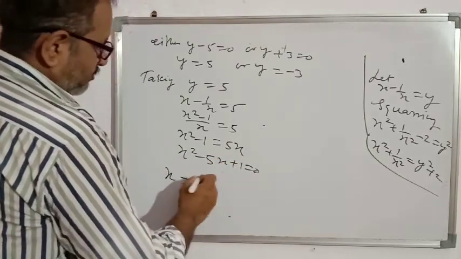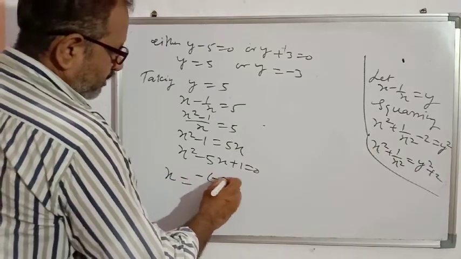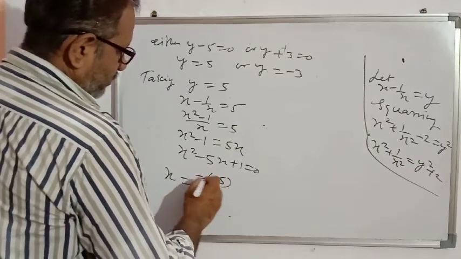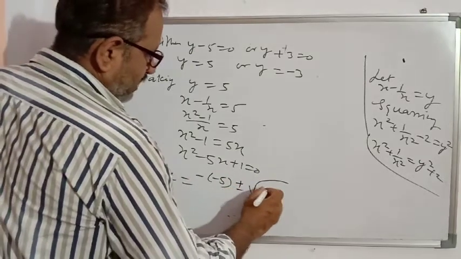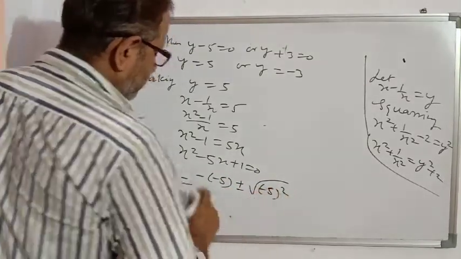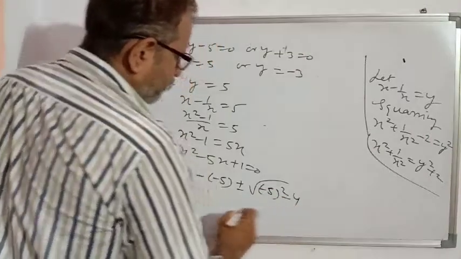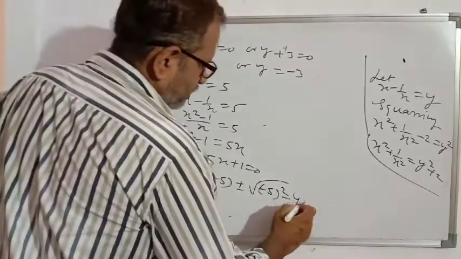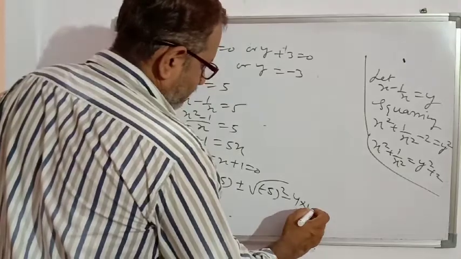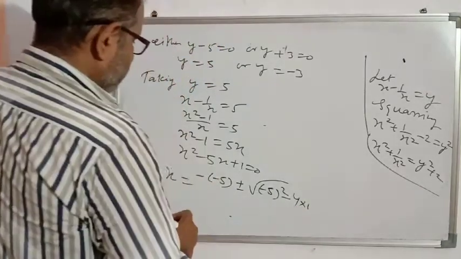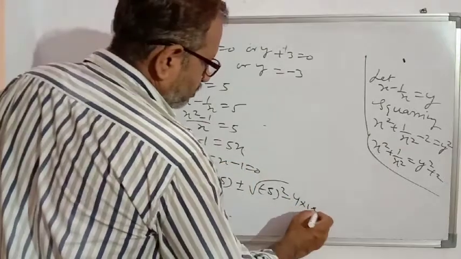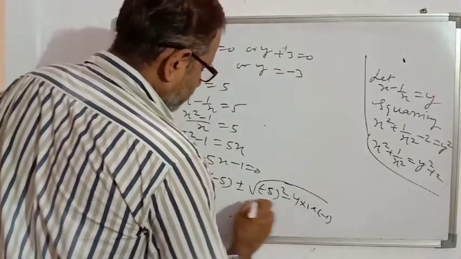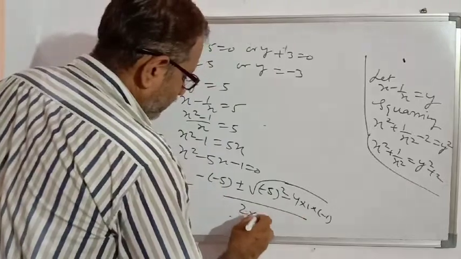Use Sridharacharya formula. So minus b, b value is minus 5, plus minus root of b square, minus 5 square, minus 4ac, a is 1 and c is minus 1, by 2a.